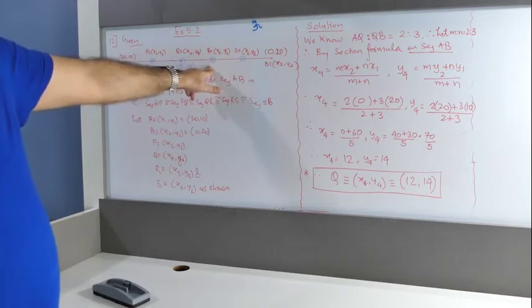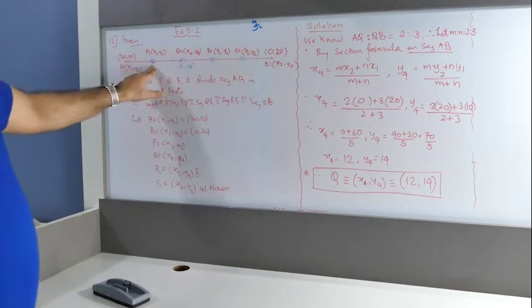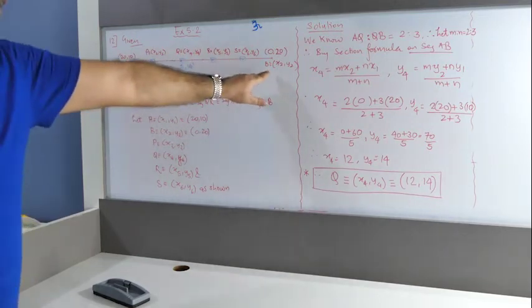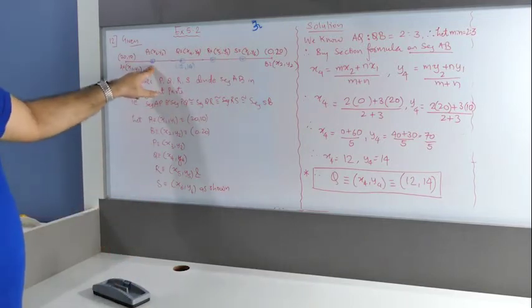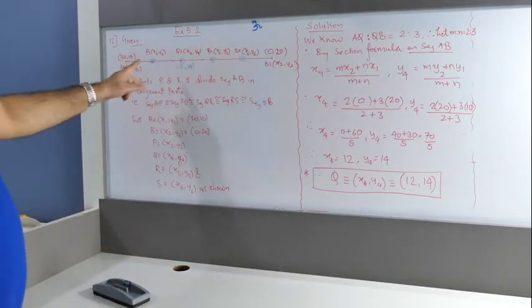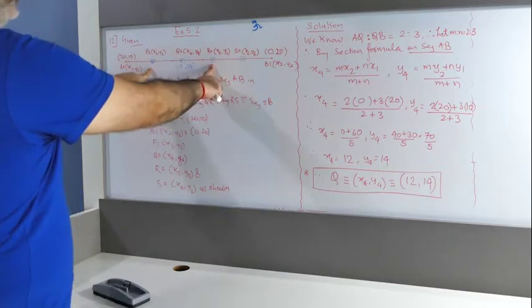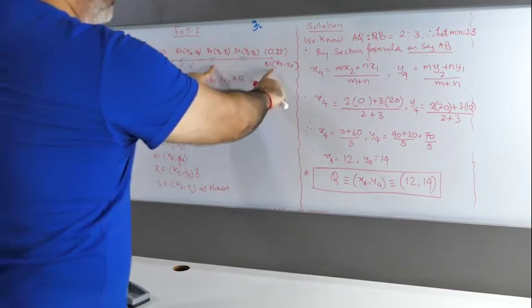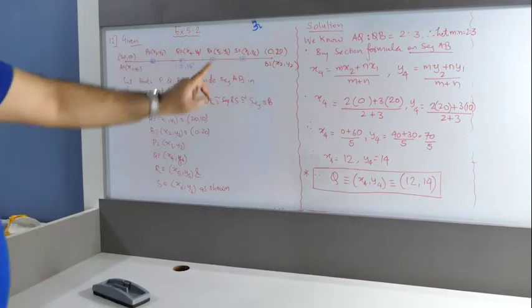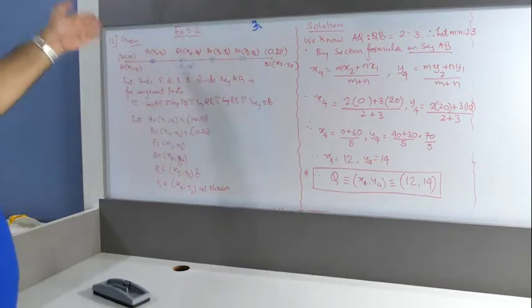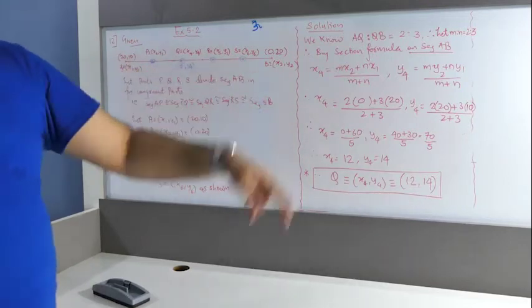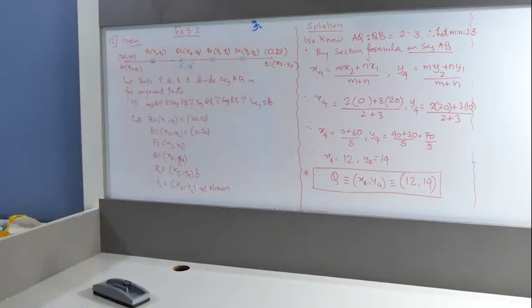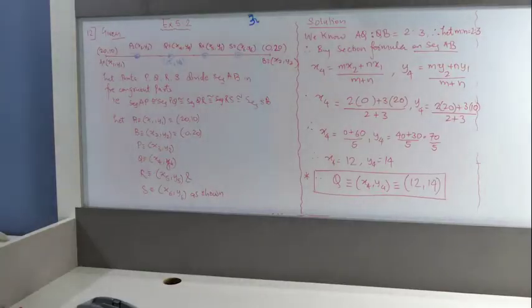Or, once you have A, B and Q using the section formula, you get P using the midpoint formula, then R using the midpoint formula, and then S using the midpoint formula. So one section formula and all the rest midpoint formula, you will be able to get each and every point. Okay, so copy down till here and then we will go further.